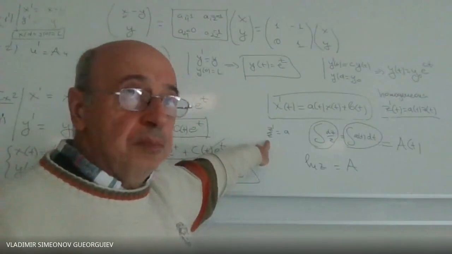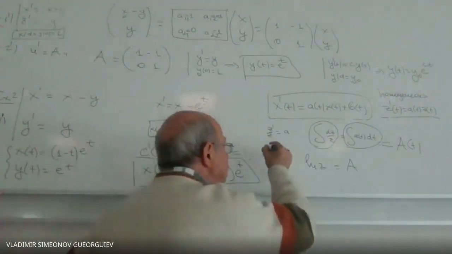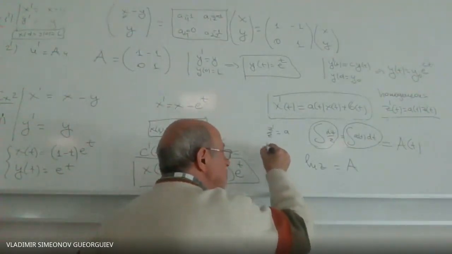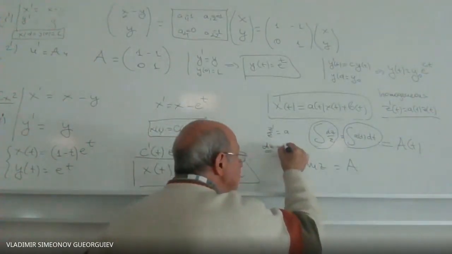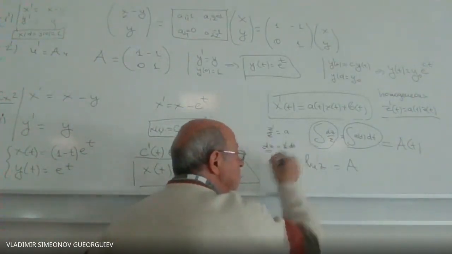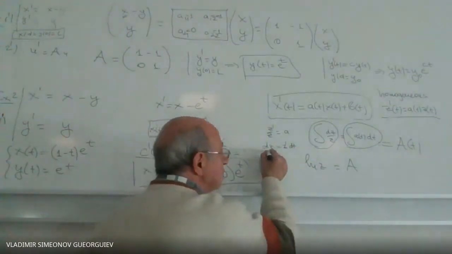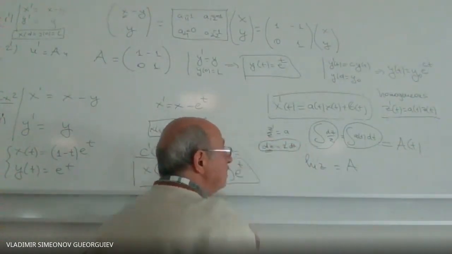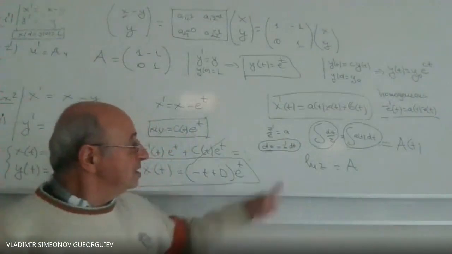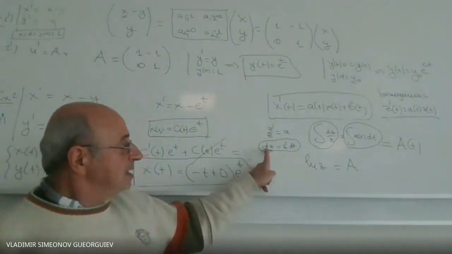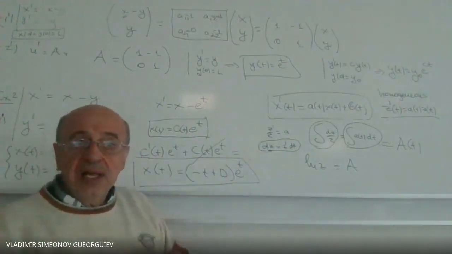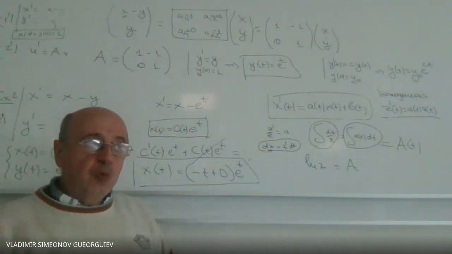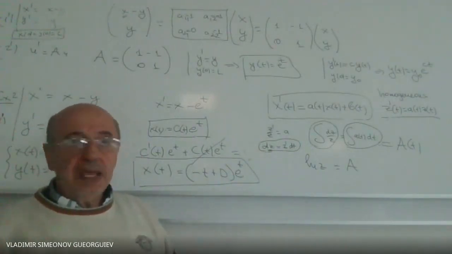Yes, because this d zeta, as I explained, typically is zeta prime dt. Okay. So you have this mathematical convention that zeta prime can be connected with d zeta in this way. This is the formula for changing of variables.